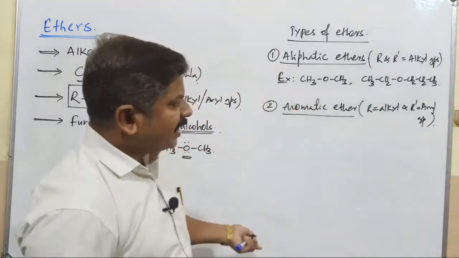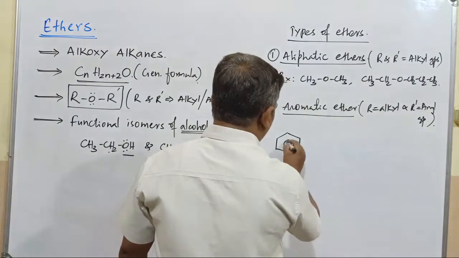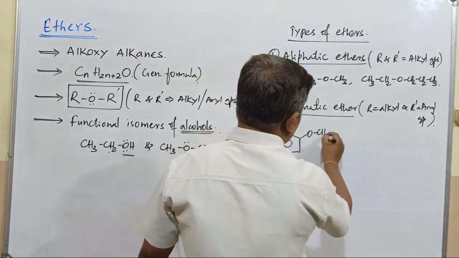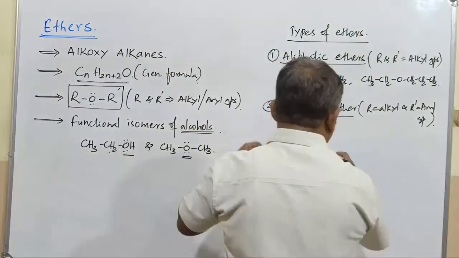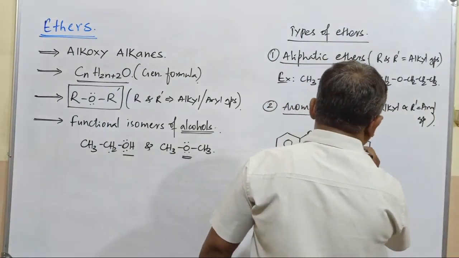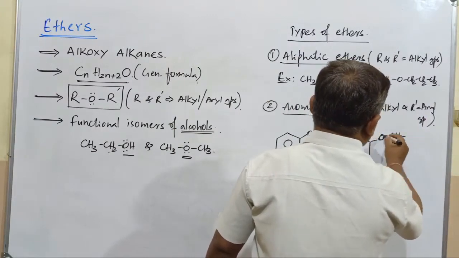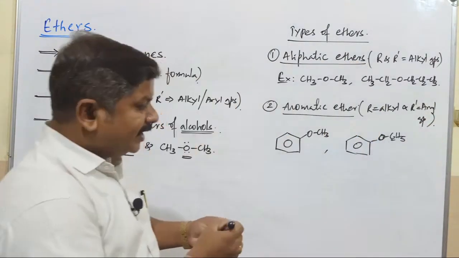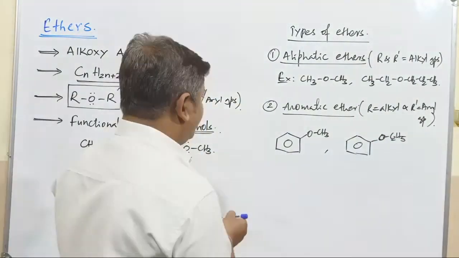If R is an aryl group, R' will be an alkyl group. The best example for an aromatic ether is anisole, C6H5OCH3. It is an aromatic ether because of the presence of a cyclic ring. You can take another compound, C6H5OC2H5. Any alkyl group you can join there. That becomes an aromatic ether. Aliphatic ethers and aromatic ethers are one classification.